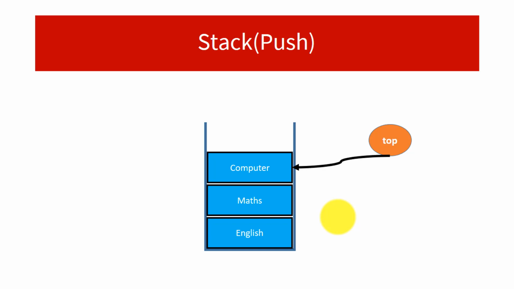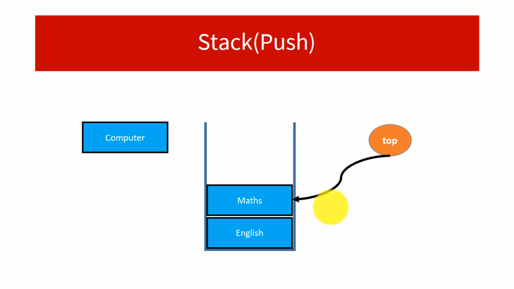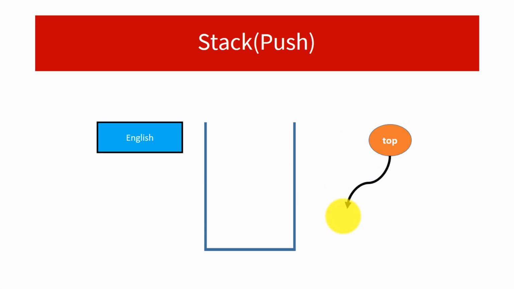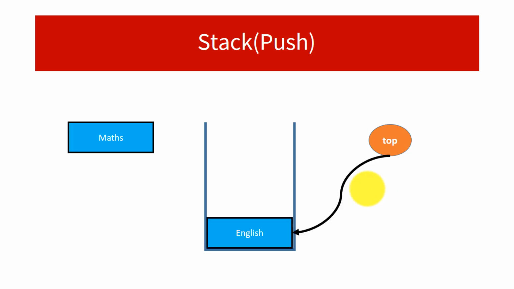Yeah, the computer book, right? So the computer book has been removed, and observe the behavior of the top, that it's now decremented, right? So similarly, we can pop the mathematics book, and once we pop the last element, the stack is called empty, and we can say that an underflow has occurred. So that's how the stack works.